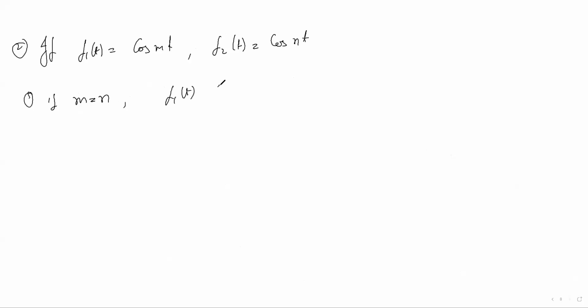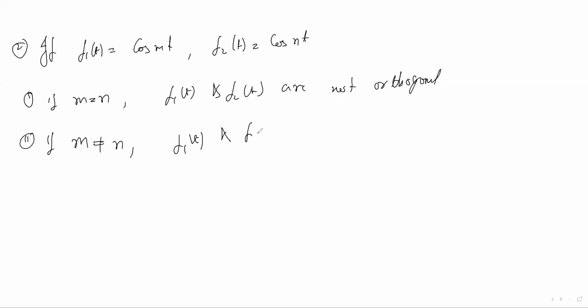If f1t is cos mt and f2t is cos nt, then also if m equal to n, then f1t and f2t are not orthogonal, and if m not equal to n, then f1t and f2t are orthogonal.